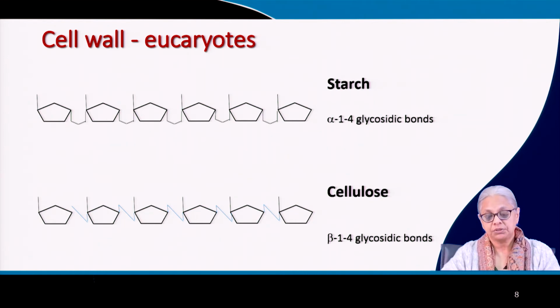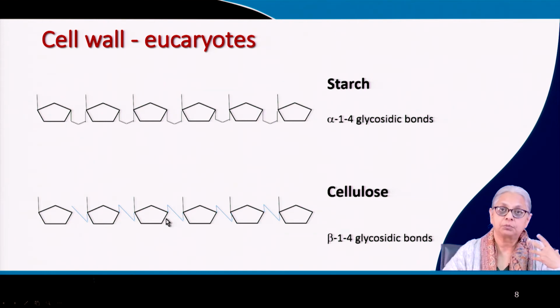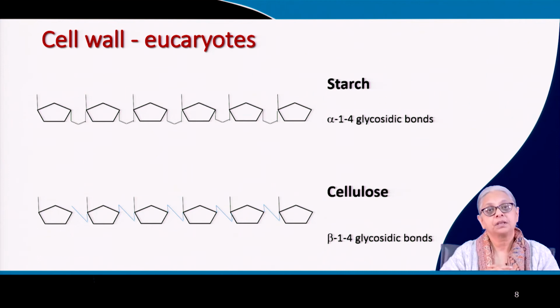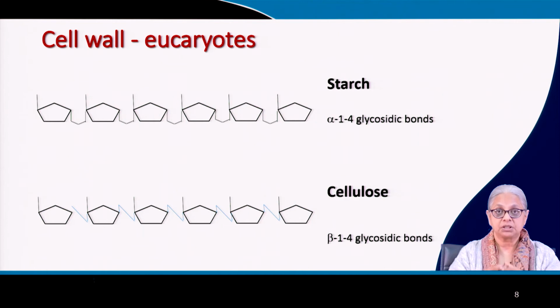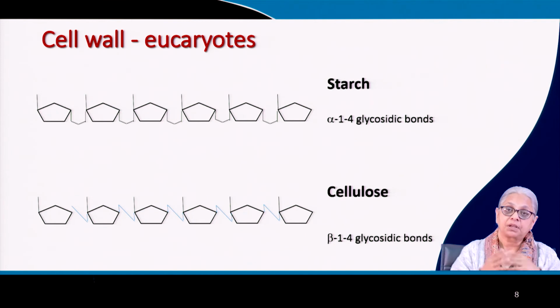I've already shown you the structure of starch and cellulose, and when we talk about cellulose, remember what I said in a previous lecture: plant cells, and especially the plant structure, are made out of lignocellulosic compounds. The actual rigidity of the plant, its ability to stand erect, maximize harvesting of sunlight and convert it to chemical energy, is all based on the rigidity imparted by lignocellulosic structures within the cell wall.